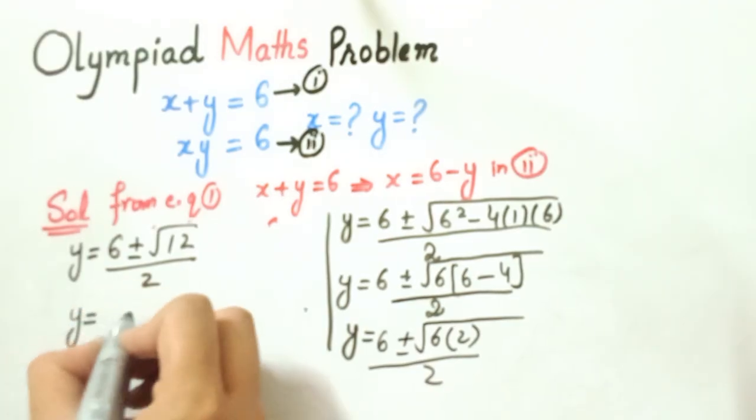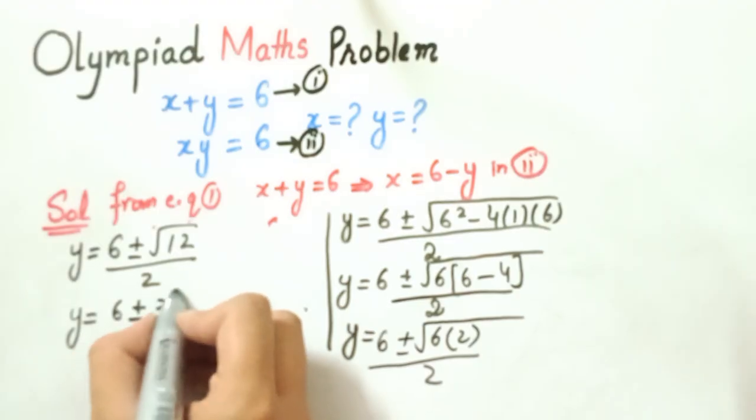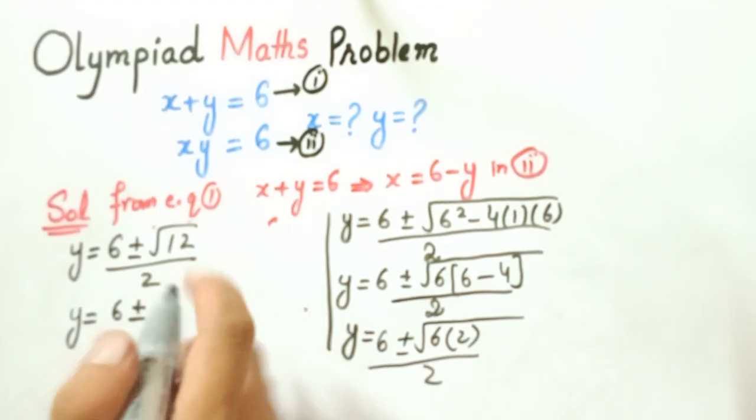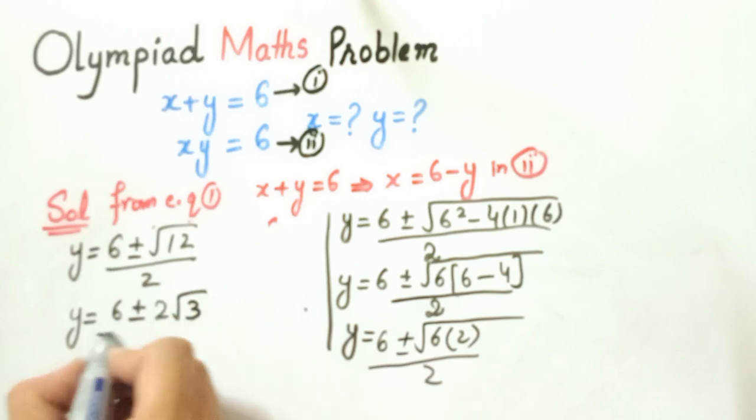Root 12 is root of 4 multiplied by 3, which means 2 root 3. So y equals 6 plus minus 2 root 3 divided by 2.